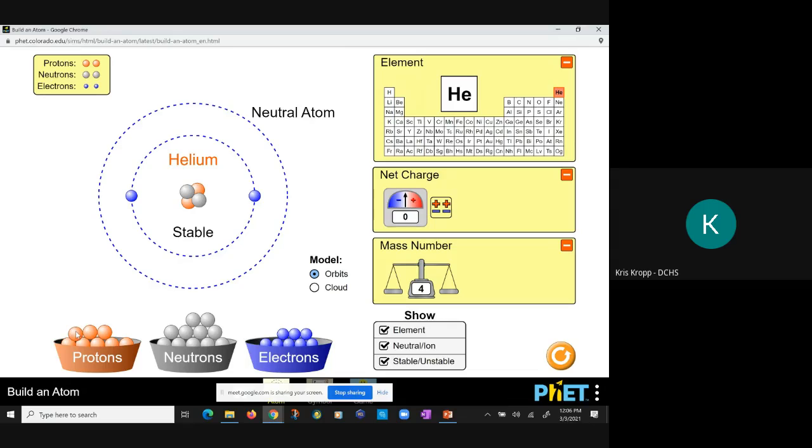Okay, well, what do you think is going to happen if I add another proton? Unmute your microphone or type into the chat box. What do you think will happen if I add another proton?